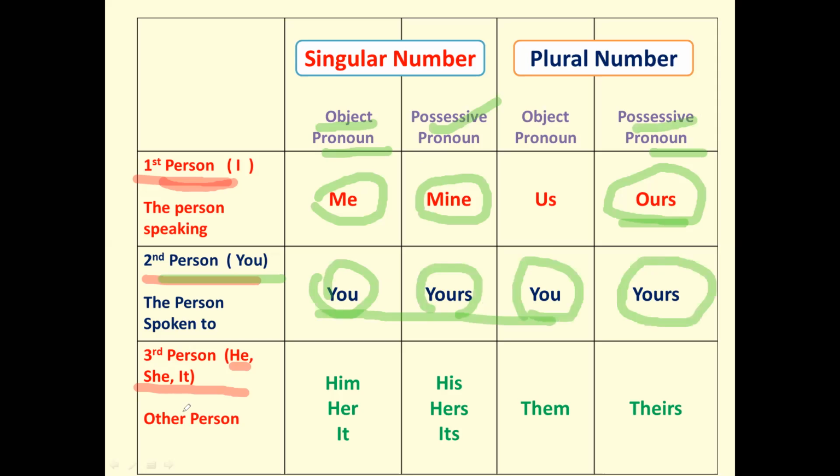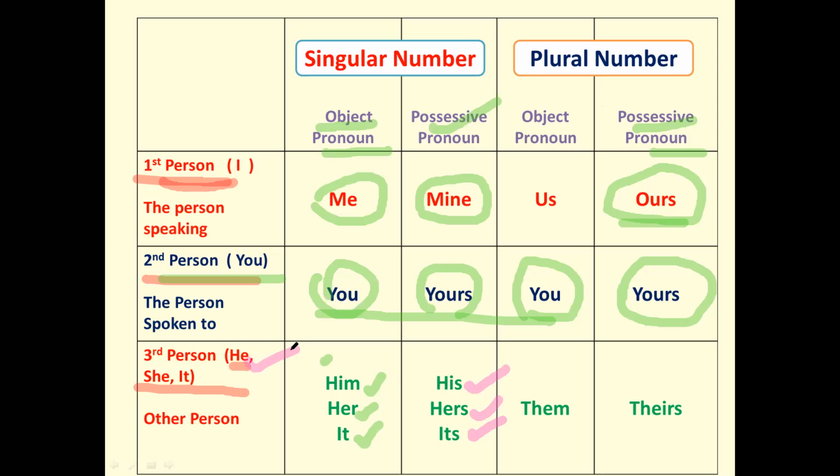Next one, third person, he, she, it, speaking about the other person. Here the objective pronouns are him, her, it. The objective pronouns him, her, it become his, hers, its in the possessive pronoun.